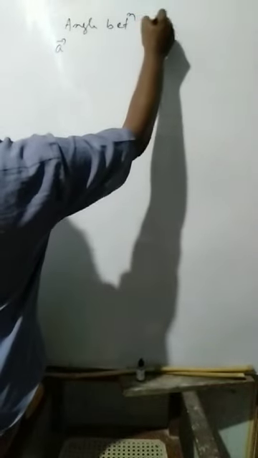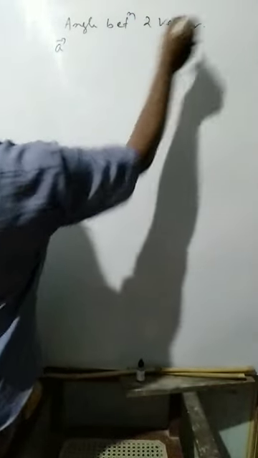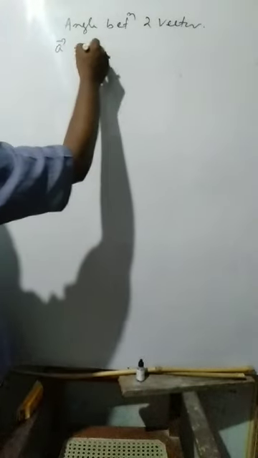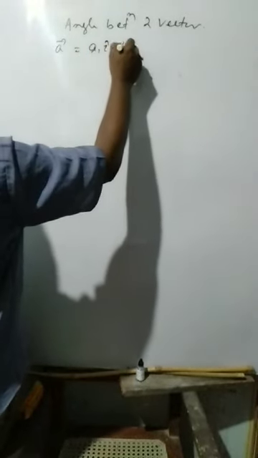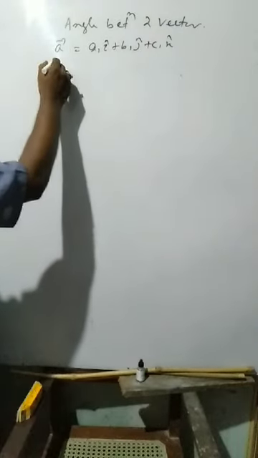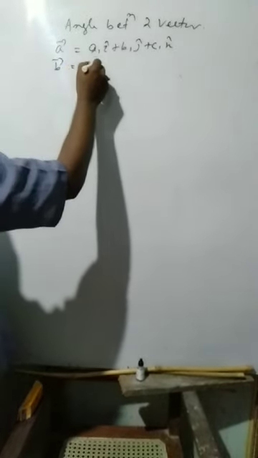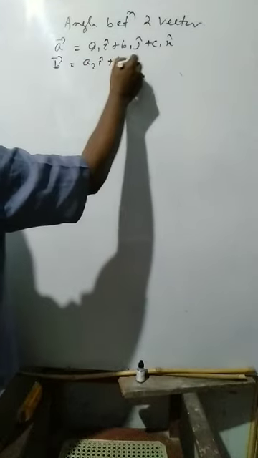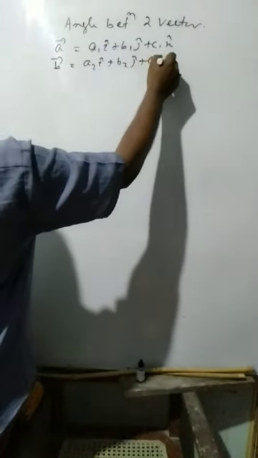So now look at how to find the angle between two vectors. Suppose vector A equals A1 i cap plus B1 j cap plus C1 k cap, and vector B equals another vector, A2 i cap plus B2 j cap plus C2 k cap.